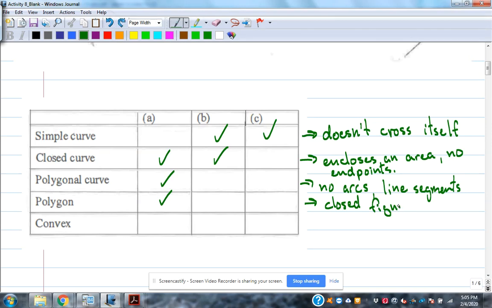Figure has an arm. A convex. When you talk about convex, the definition of convex is all interior angles are less than 180 degrees.